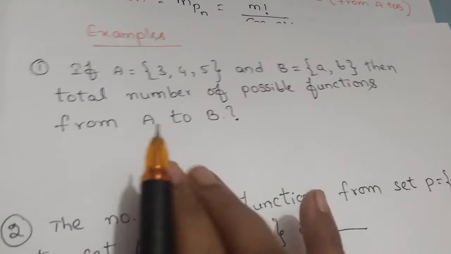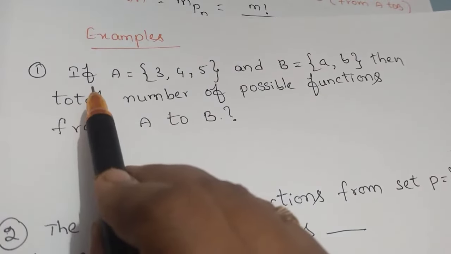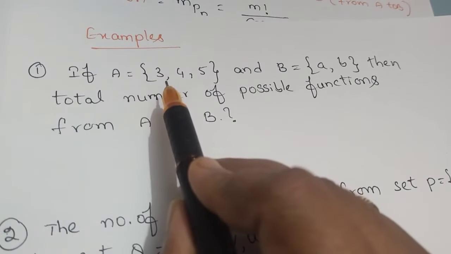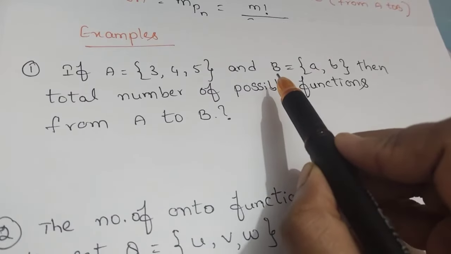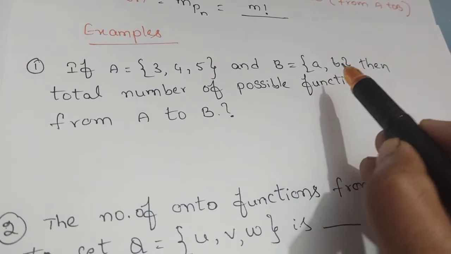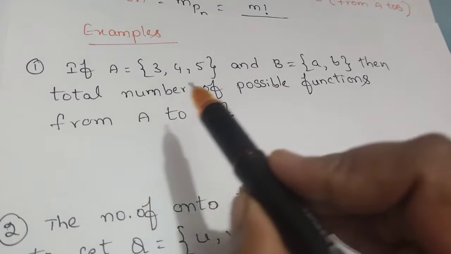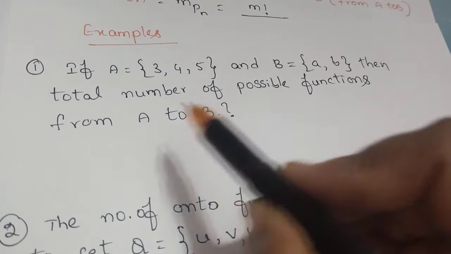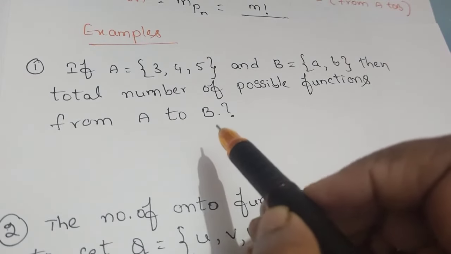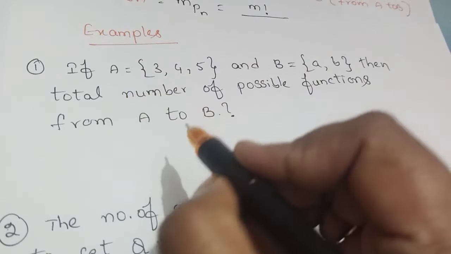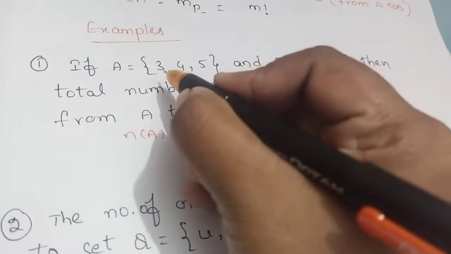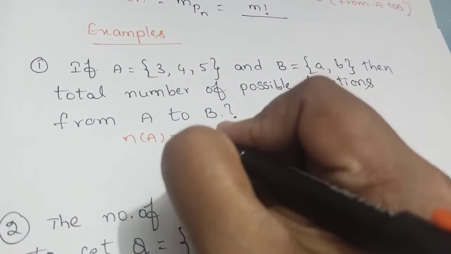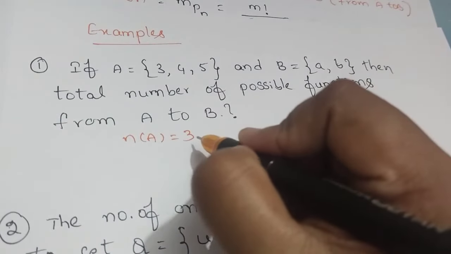See the first example. If the set A has the elements 3, 4, 5 and B has the elements a, b, then the total number of possible functions from A to B is? First count the number of elements in set A: 1, 2, 3, so 3 elements.